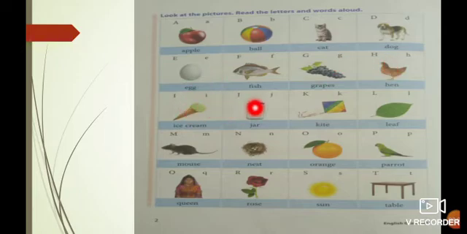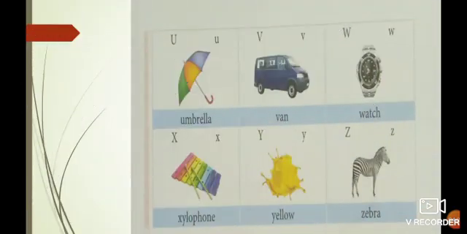J for jar. K for kite. L for leaf. M for mouse. N for nest. O for orange. P for parrot. Q for queen. R for rose. S for sun. T for table. Now children, turn the page.